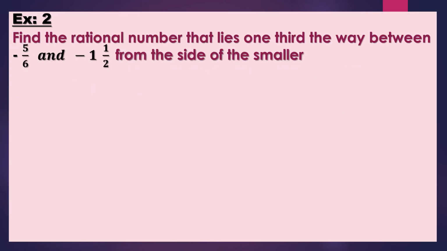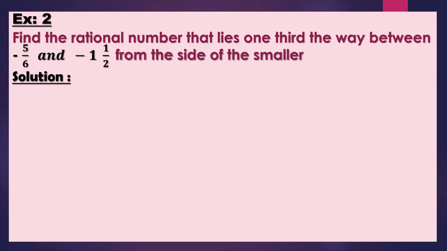Example number 2, find the rational number that lies a third of the way between negative 5 over 6 and negative 1 and a half from the side of the smaller. First, we must define the smaller number and the greater number of those two numbers.